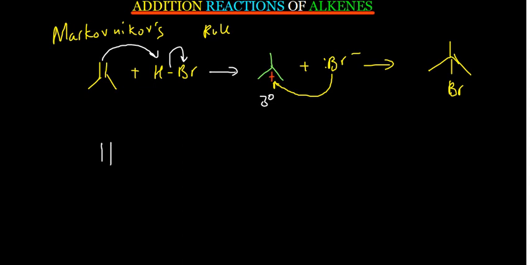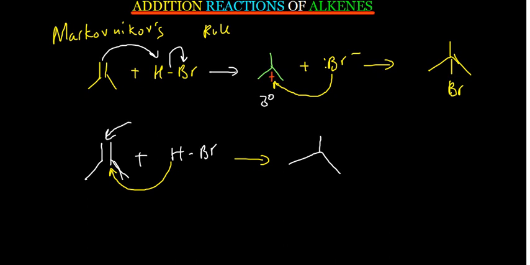The same reaction, we can also show another product that can be formed. So what happens if the hydrogen attaches to the carbon that has a lot of alkyl groups, instead of to the one with a lot of hydrogens? Again, the double bond is going to be broken, so we still have this. Now, this carbon, because the double bond is broken, is going to lack one proton, because the hydrogen is attached to this other carbon.